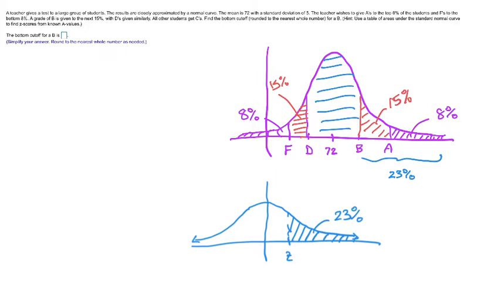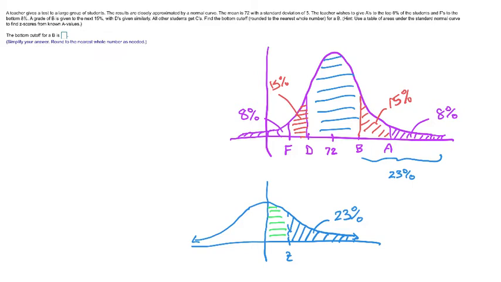Well, if we wish to look up our table, our table is going to give us the area between the y-axis and our z-value. So the table is actually going to give us this area here. And since our area above the z-value is 0.23, that means that the area below the z-value has to then add up to 0.5 or 50%.